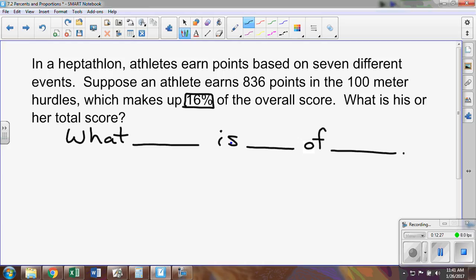Okay, I'd look at that and say, what is something 16% of? So what number is 836 of 836? And so a lot of times students will look at it and say, oh, here we go, we'll put this in.